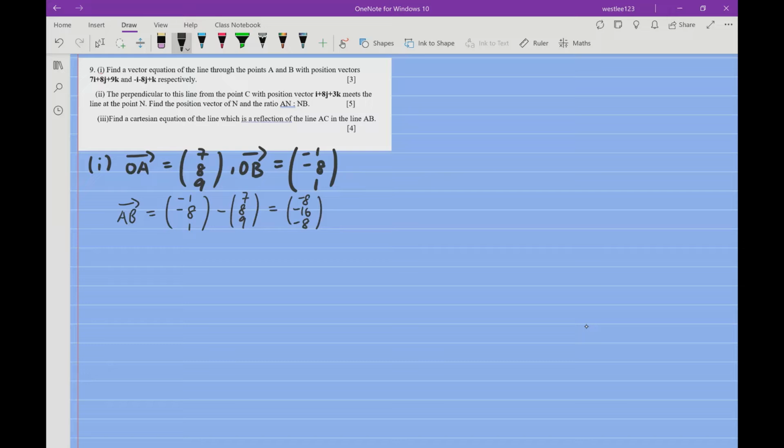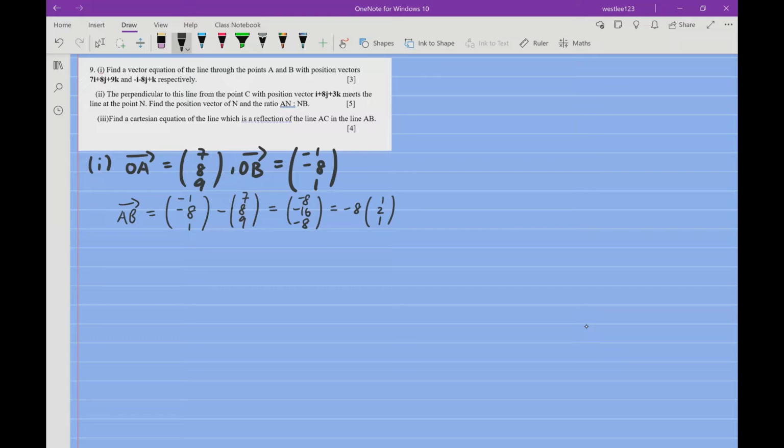All right. Now, for those of you who do not like to deal with large numbers and negative numbers, what you can do is factorize out -8 to make your directional vector look neater. For those of you who want to use BA as your directional vector, you can do so. There's no issue.